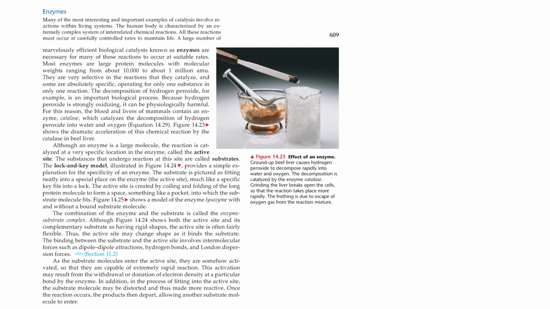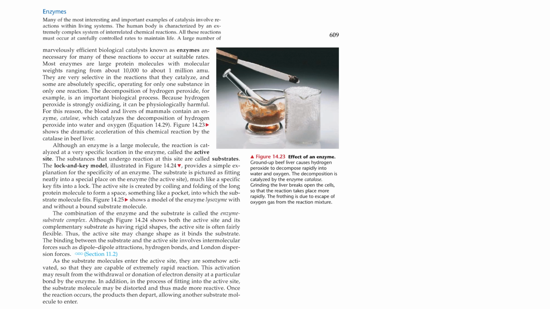Enzymes. Many of the most interesting and important examples of catalysis involve reactions within living systems. The human body is characterized by an extremely complex system of interrelated chemical reactions. All of these reactions must occur at carefully controlled rates to maintain life.